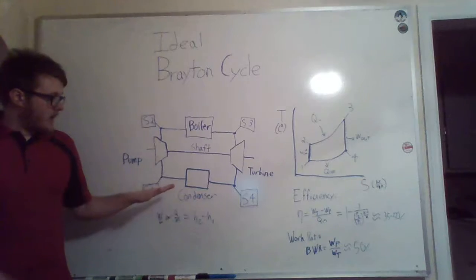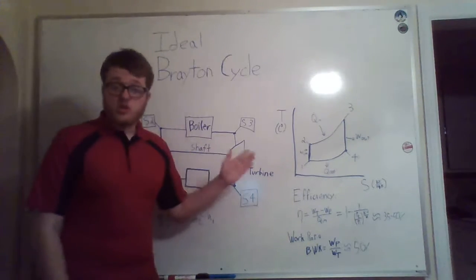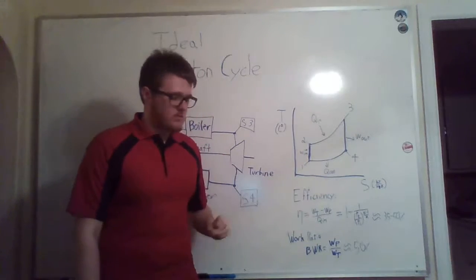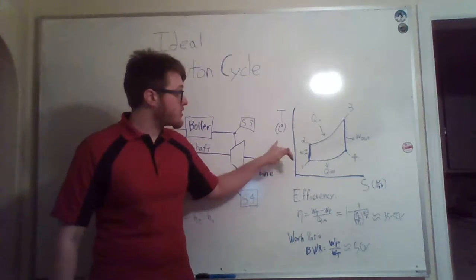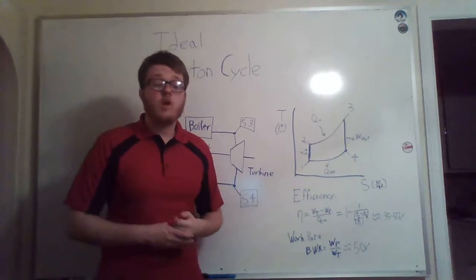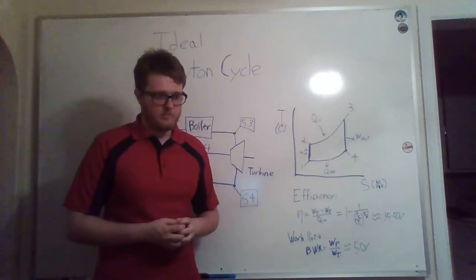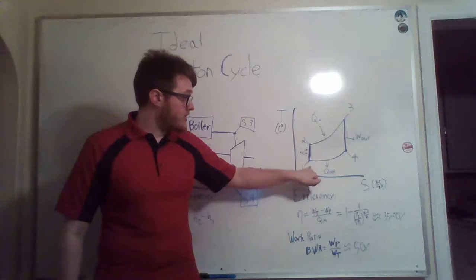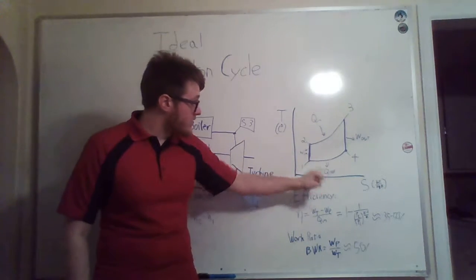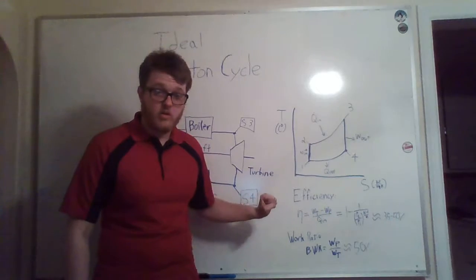Moving on from that, I will now show you what the T-S diagram, our temperature and entropy diagram, relates to. The temperature is measured in degrees Celsius, and our entropy is measured in kilojoules per kilogram Kelvin. So we start here at state 1, going to state 2. Notice from our third assumption, the S stays exactly the same. It is absolutely vertical.